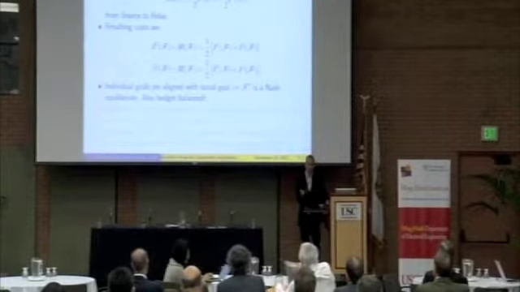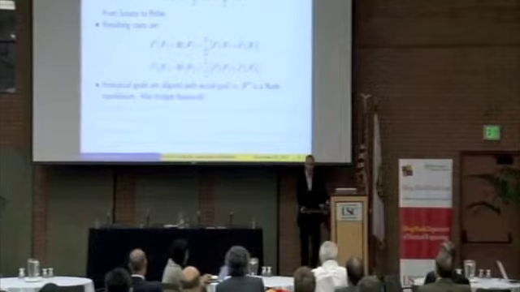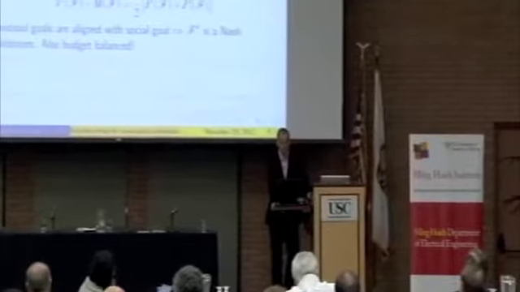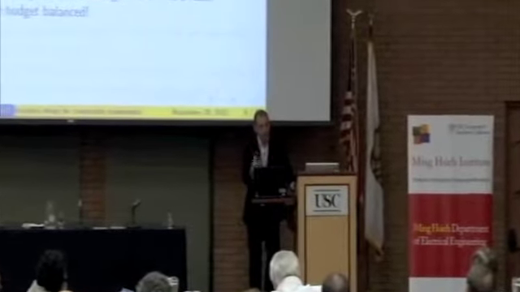But all in all, you see that the overall cost, the induced cost, equals some fraction of the total cost of the system. And thus, my individual goal, if I am user 1, is aligned to the social goal here. And same for user 2.